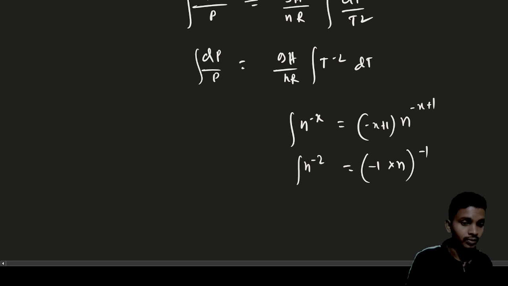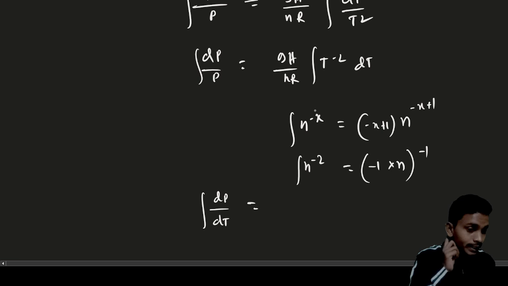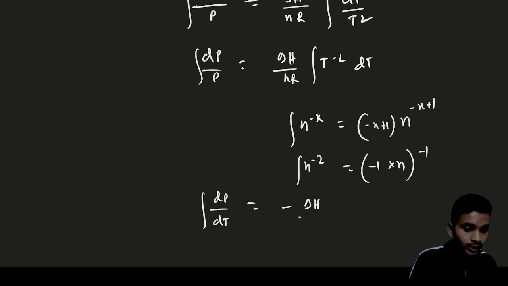So you apply this here, then dP/dT is equal to ΔH/nR, so minus ΔH/nR, and this value minus 2 plus 1 is minus 1, and this is T to the power minus 1.